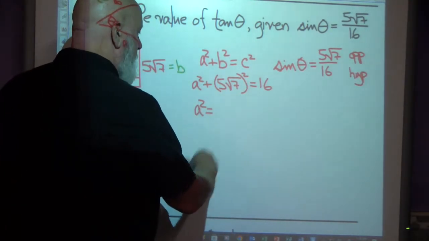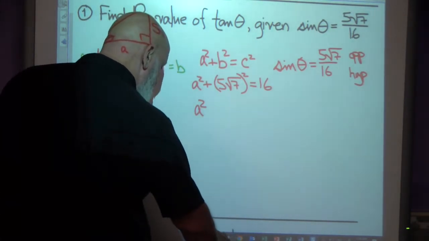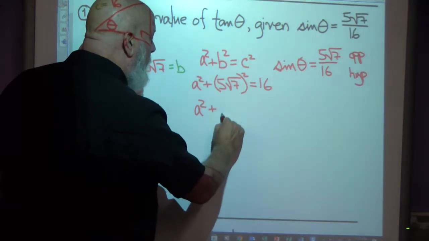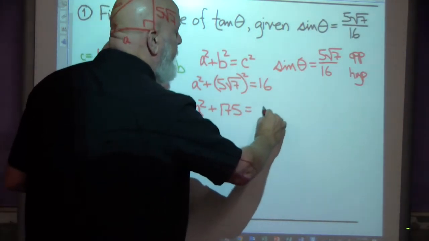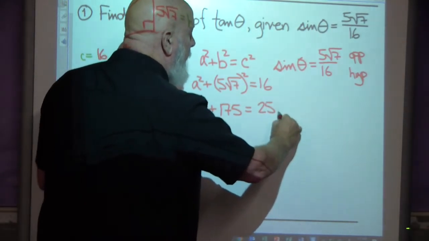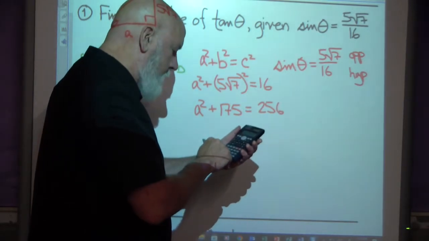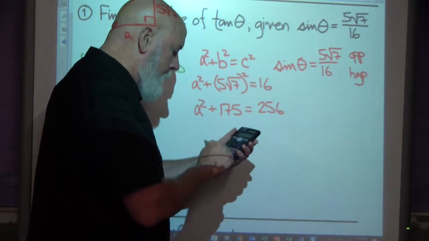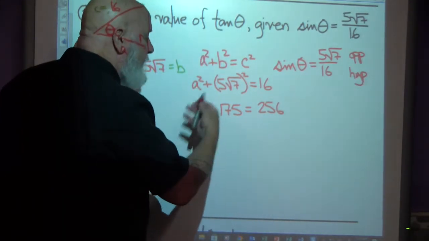So, A squared plus 175 is equal to, I think that's 256. Let me go ahead and check that just to make sure. Clear. 16 squared is 256. Yeah.